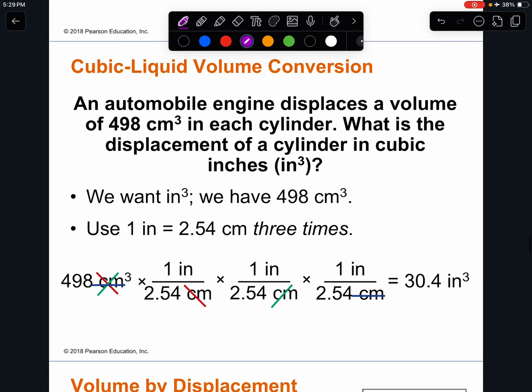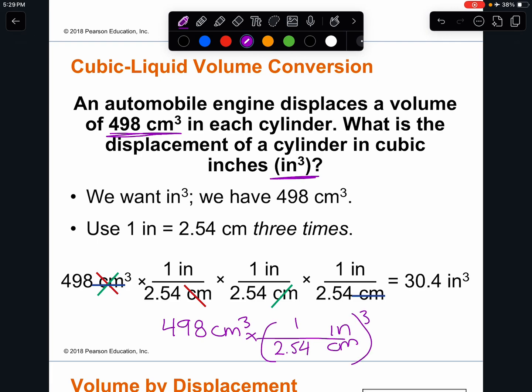Now, I did show you an example here above this, but this is another way to do it. Let's say you have 498 centimeters cubed, and you'd like that in inches cubed, okay? How I taught it to you was to do 498 centimeters cubed, and then to go ahead and do a centimeters to inches conversion, fill that in, and then cube root the entire thing.